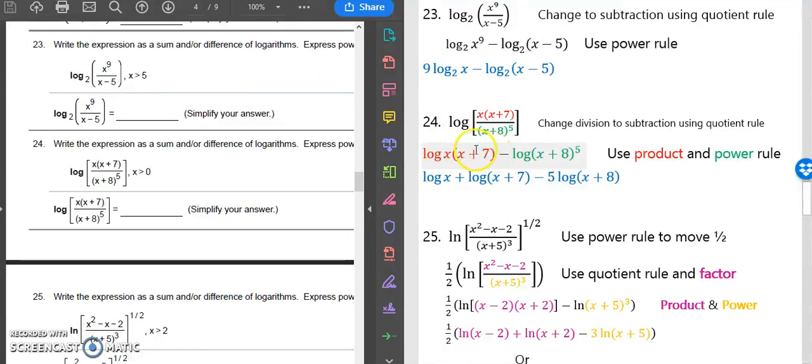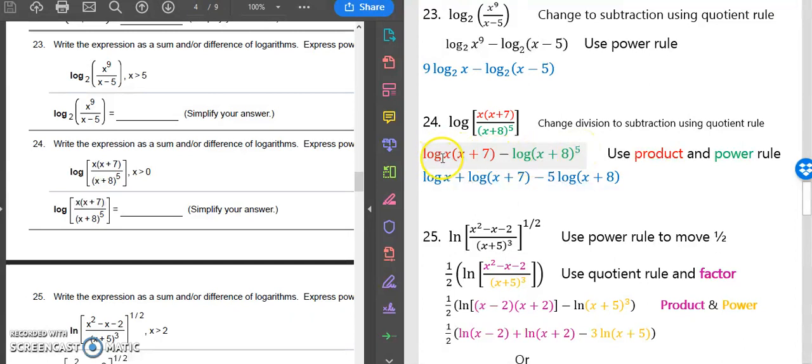All of this was our numerator, so all of this is now going to be the first part of the expression, and it's going to be minus log of x plus 8 raised to the fifth power, which was our denominator. So now we're going to use the product rule on our expression on the left for the part that's being multiplied, and over here we're going to be using the power rule for this expression that has this exponent on its argument.